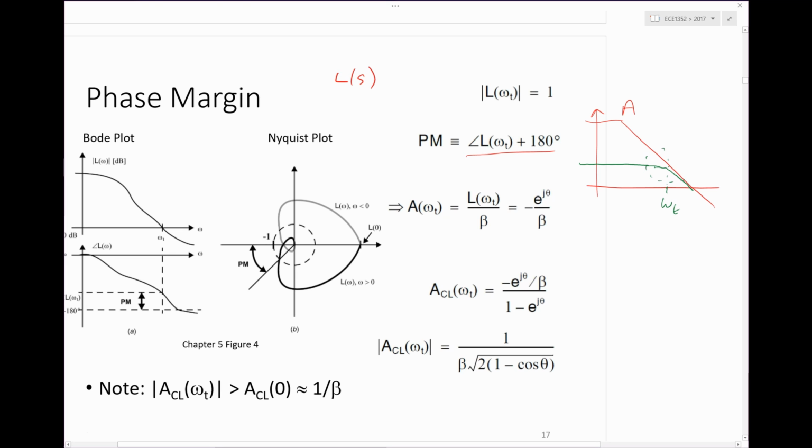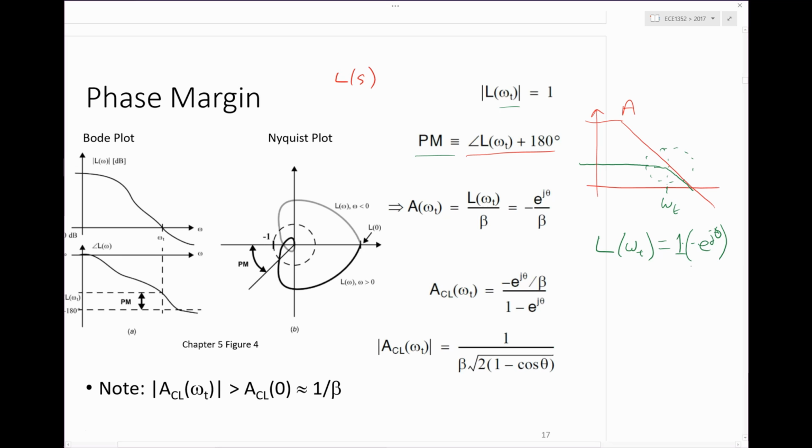But I mentioned before that there's some weird stuff that can go on here. Now that we've defined unity gain frequency and phase margin, we can say that L at omega t has a magnitude of unity and a phase that's related to the phase margin. I can say it's negative e to the j theta, where theta is the phase margin.